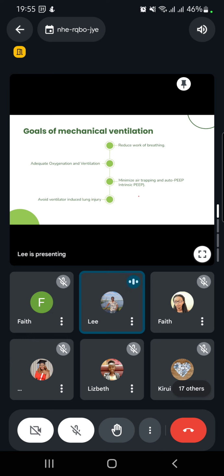So it takes its time. What happens is that you have a higher and higher buildup of the air that's left within. That's what we call auto PEEP. We're going to see it in a diagram, but the pressure of the air that's left within keeps increasing with every breath. That's what we call intrinsic PEEP.